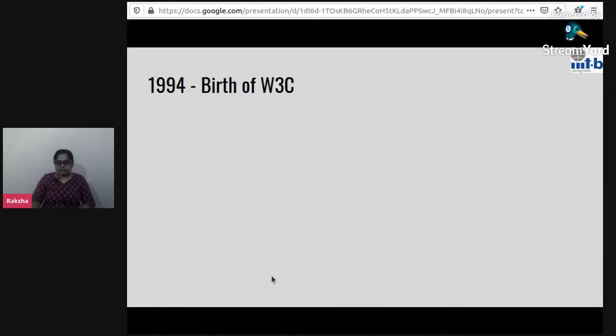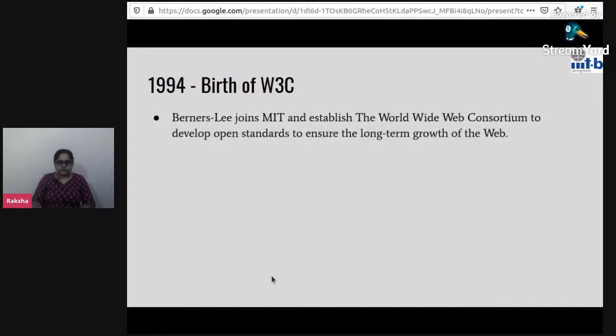By this time, Tim Berners-Lee realized that we cannot just let the World Wide Web grow on its own. Although it is royalty free and anybody can use it, we need to have some standards for it. So that is when he, along with his colleagues at MIT, established what is called the World Wide Web Consortium, and this World Wide Web Consortium is the one who looks after the standards for the web.